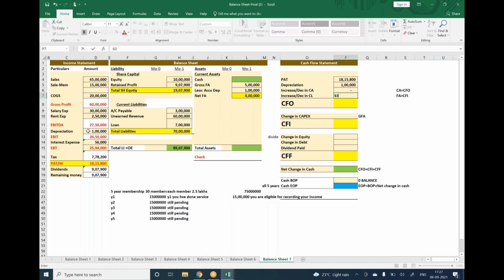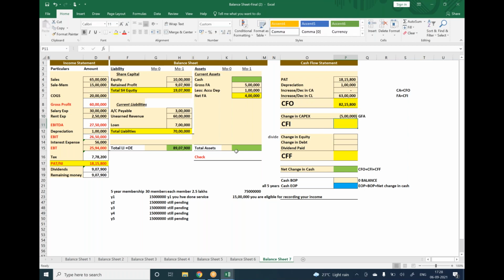Plus only, right? Yeah, plus 63 lakhs. So that's your CFO. What about capex? Minus 5 lakhs.